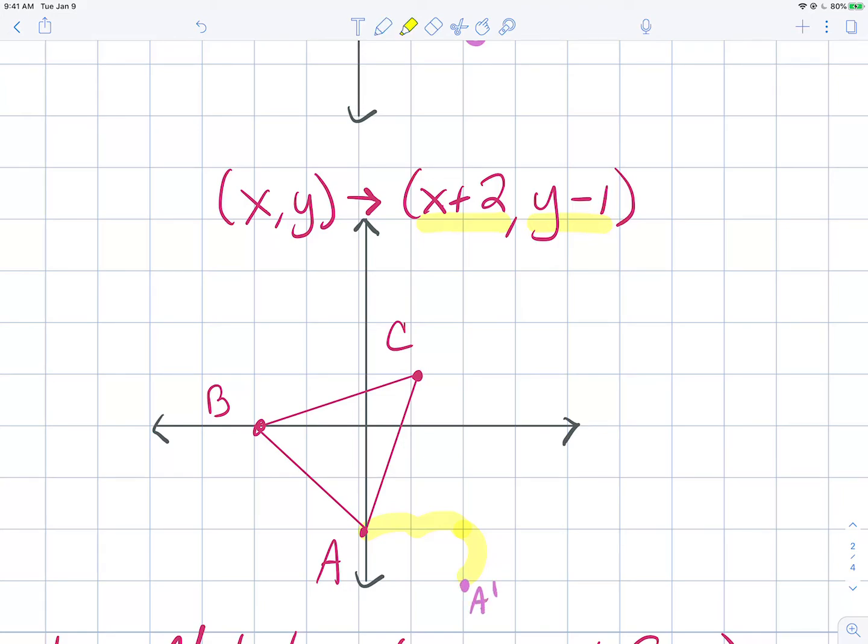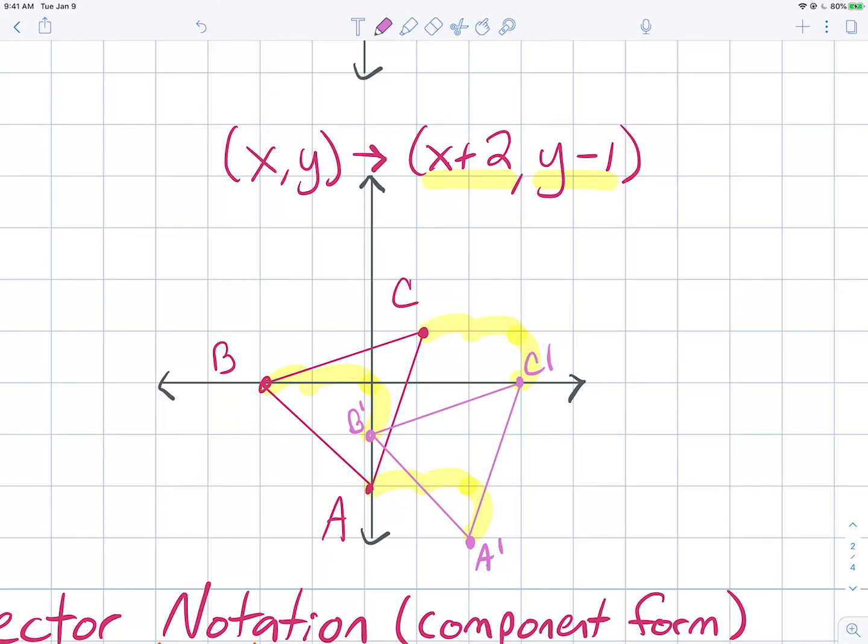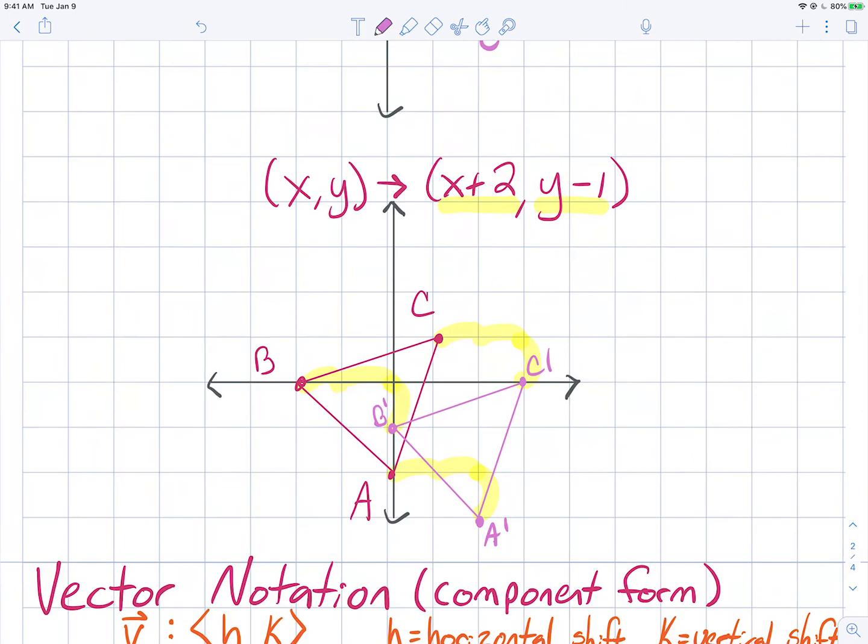So with B prime, again, I'm going to move right 2, 1, 2, and down 1, and there is B prime. And lastly, C, 1, 2, down 1, and here is C prime, and here's where my new triangle moved. Yes, your shapes can overlap themselves. That is absolutely fine. Okay, so that is triangle ABC moved right 2 and down 1 based on its directions.